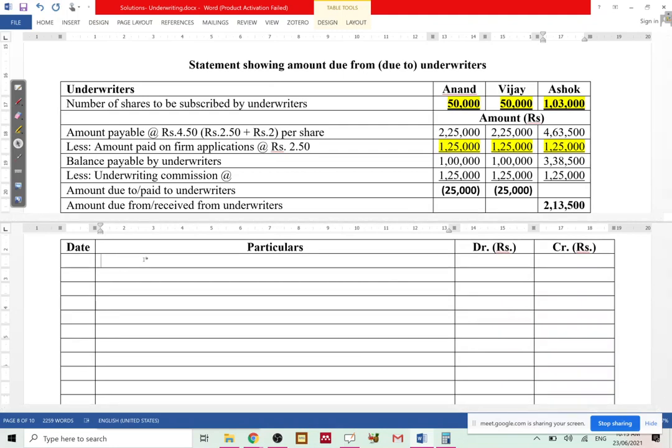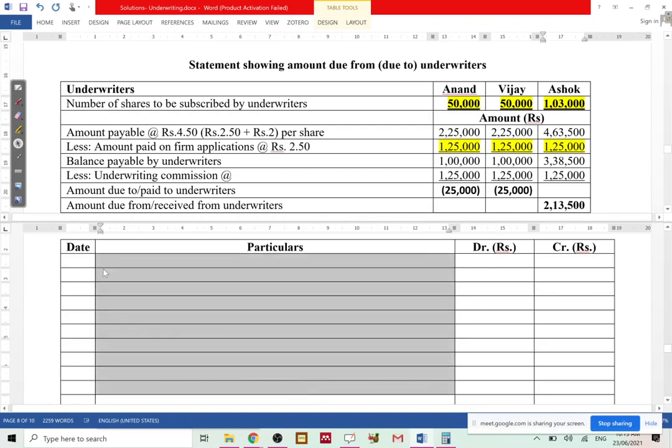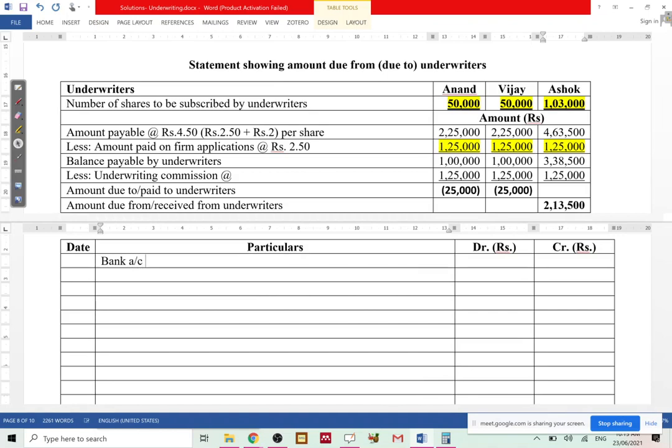So now, from the point of view of the company, when the underwriters apply for our firm underwriting shares, they will pay us, right? We will receive. So the bank becomes the receiver. Is this clear? So, bank account will be debited.